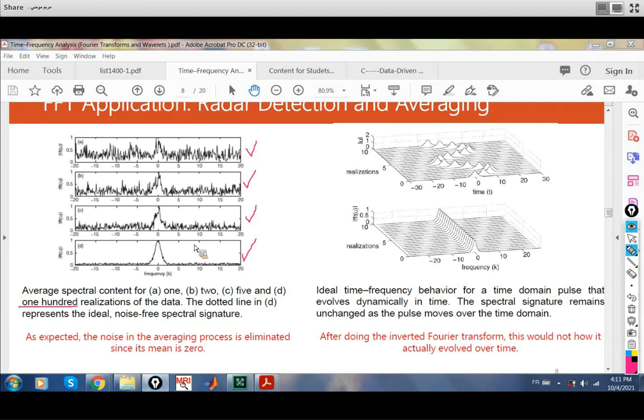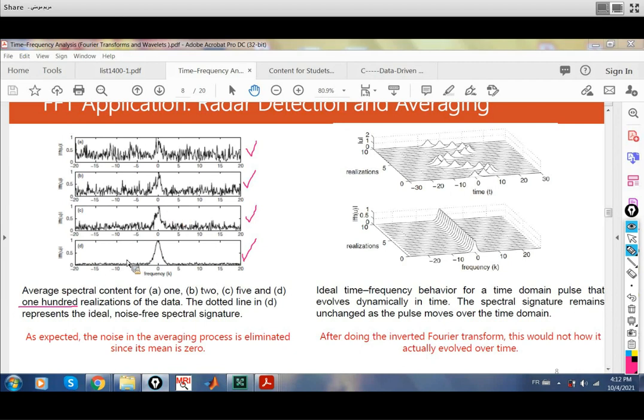It is clear that when we have a large number of signals and we average them, our result is better. Do you think why? It is related to the type of noise.